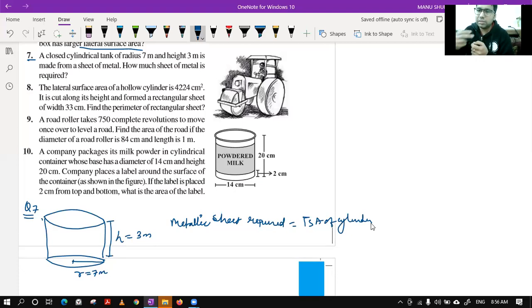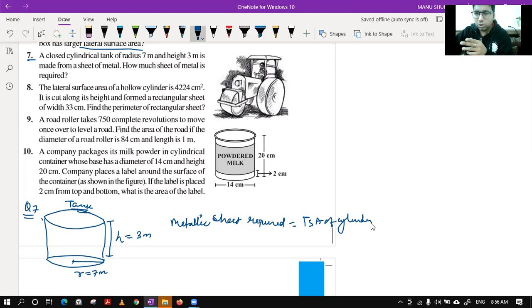Obviously, after cutting the sheets, you are going to put it for the cylinder only. For this cylindrical tank, when you are having a large metallic sheet, you have to cut. How much area you will cut?